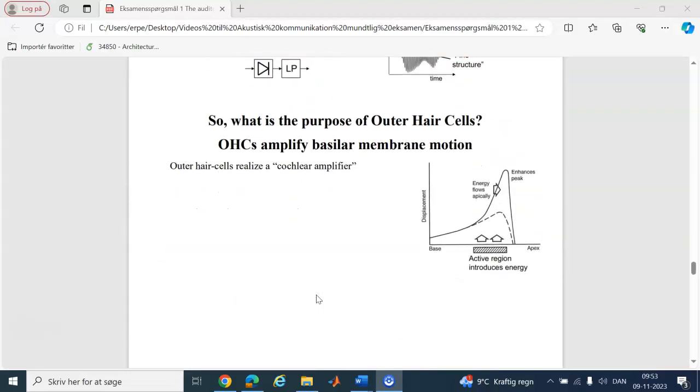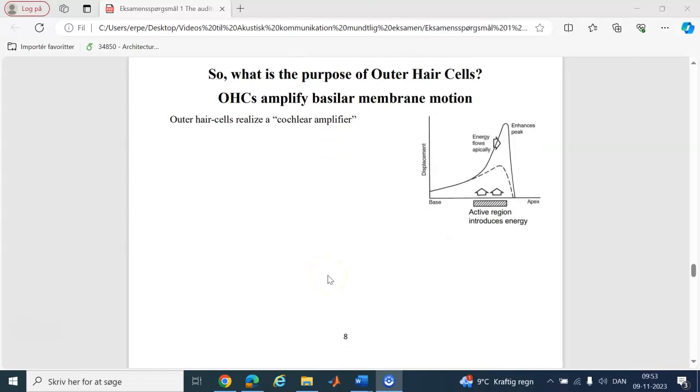So the outer hair cells will reinforce the movements of the basilar membrane. That's the end of the story, a complicated story, or the main point of it. Outer hair cells realize a cochlear amplifier, you can say.